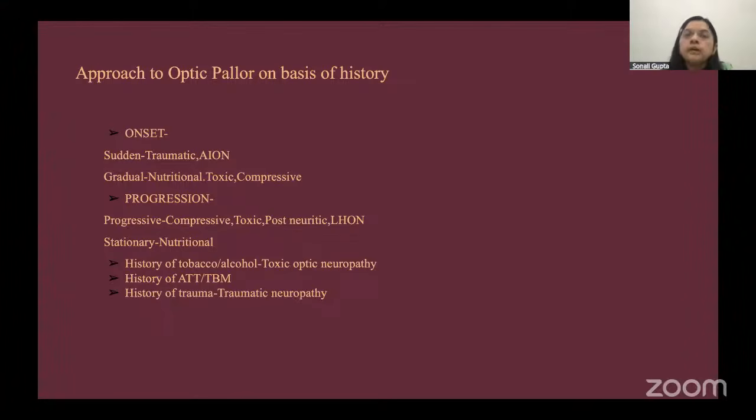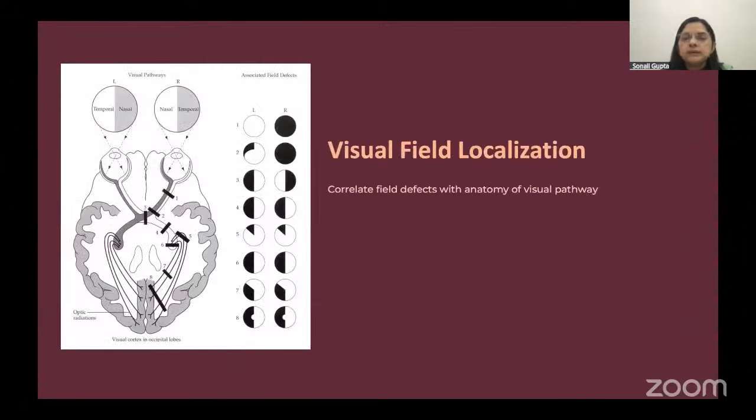It could also be an arteritic type of ischemic optic neuropathy, which causes a pallid disc edema, or sometimes, if it is a bit old, it could only cause a pallor without any significant edema. If it has been a gradual loss, then it could be nutritional, toxic, or compressive. Again, based on onset, then progression. Compressive, toxic, post-optic neuritic, they can all progress over time, and we take other drug histories.